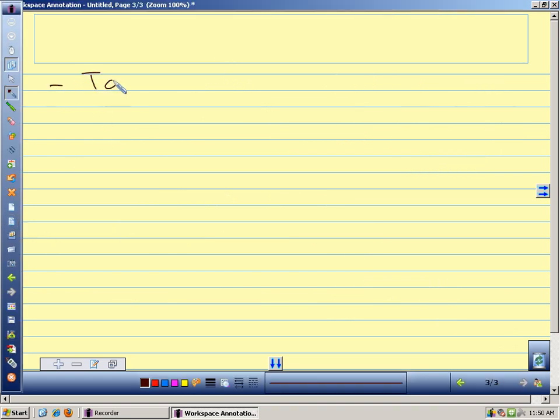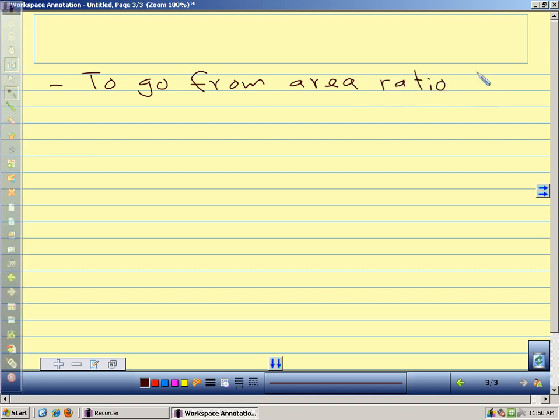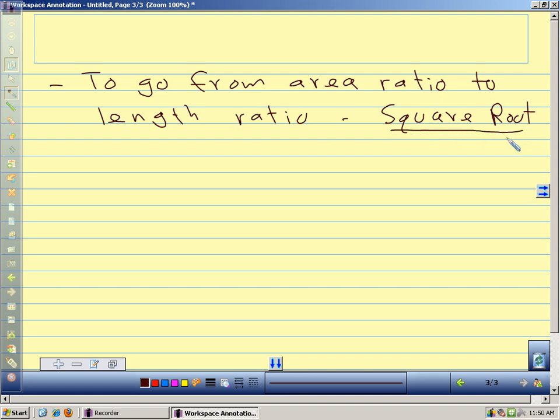To go from area ratio to length ratio, we square root. That undoes the squaring. So let's look at an example of that. We have two spheres.